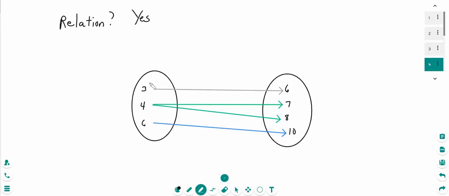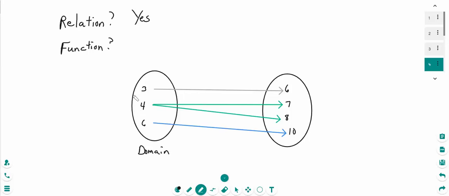All right. Is it a function? That is the question now. Is it a function? All right. And to know that, we have to think about how a function works. A function is simply a relation, but it has the added rule, I guess, that for every one of the input, you might say, the domain, we'll call this one the domain, like we learned in the previous lesson, that's the input.